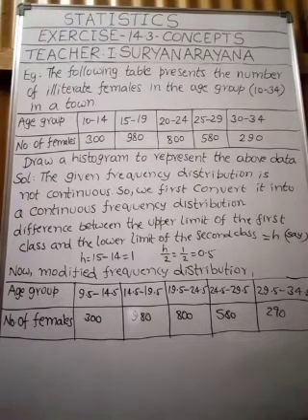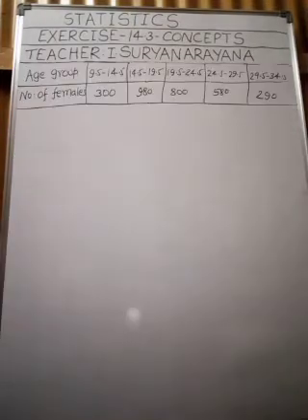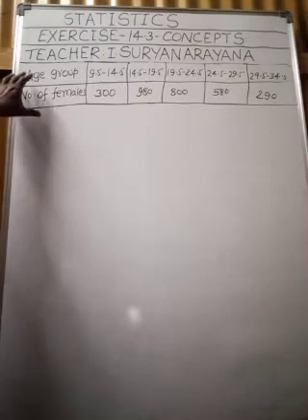Now, you know how to draw the histogram of a continuous frequency distribution. Okay, my children, we follow the steps as we have done to draw a histogram of a continuous frequency distribution. Now observe this frequency distribution.